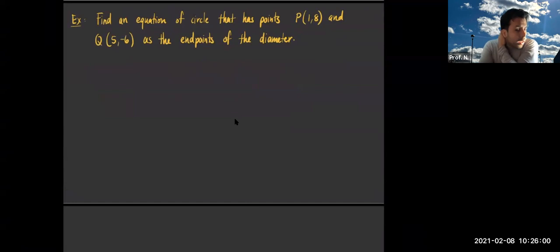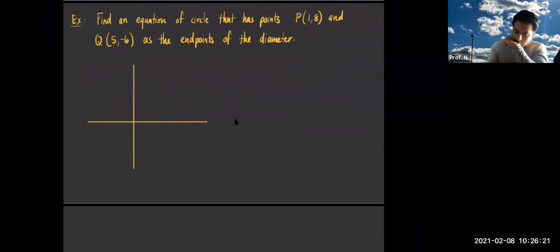So again, the same question. What's the equation of the circle? But now I have 2 points, 1 comma 8 and 5 comma negative 6. These are the endpoints of the diameter. So if I were to sketch this out a bit, I would have 1, and this would be 1, 2, 3, 4, 5, 6, 7, 8.